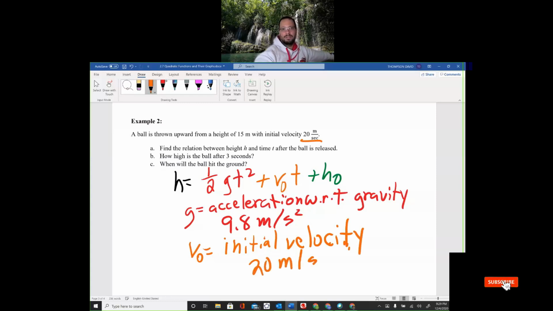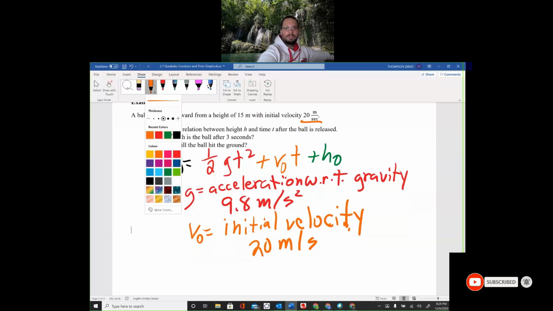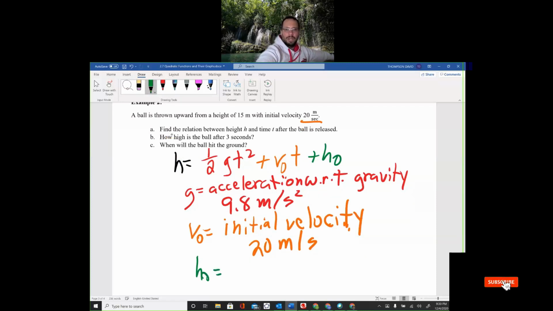And then h0 is your initial height, and this is given in the problem as 15 meters.